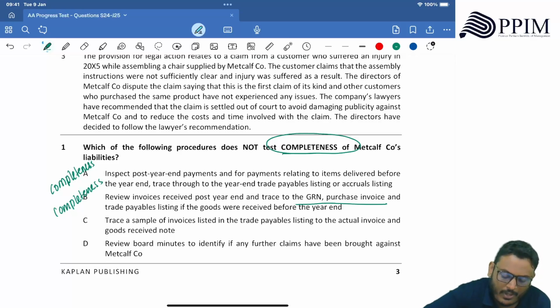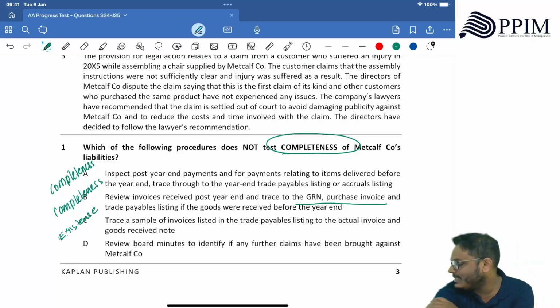Trace sample of invoices listed in the trade payable listing to the actual invoice and goods receipt note. This is existence, because in the balance sheet assertion, existence is also an assertion.